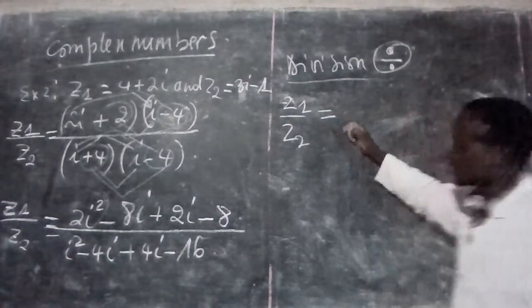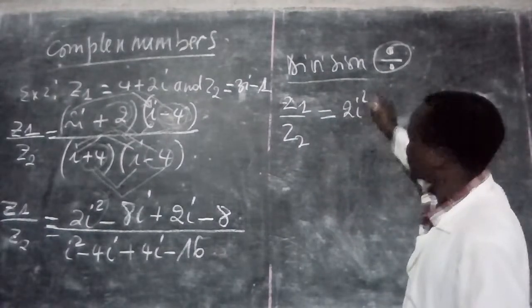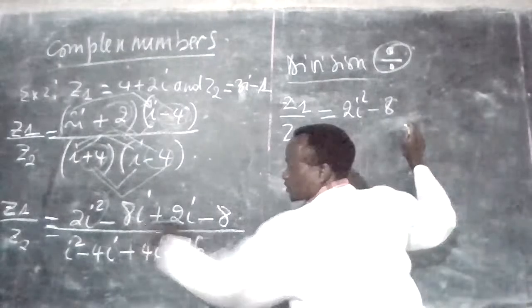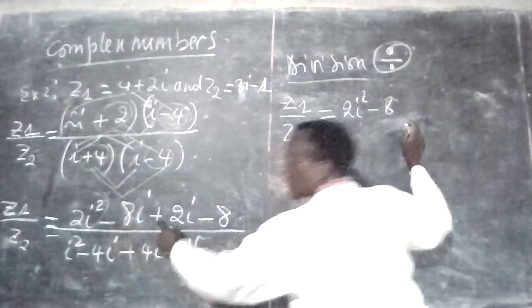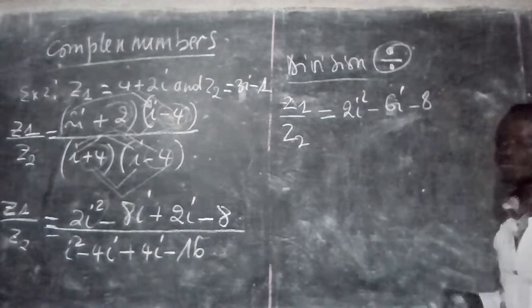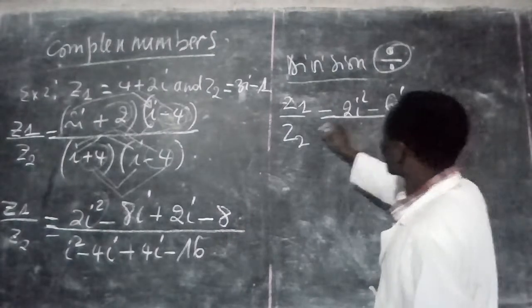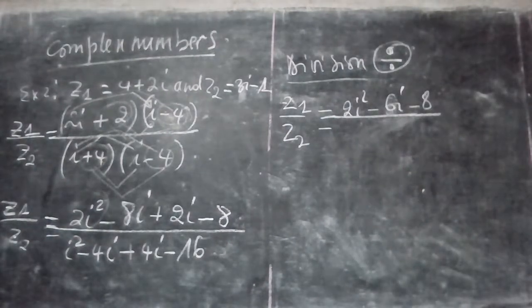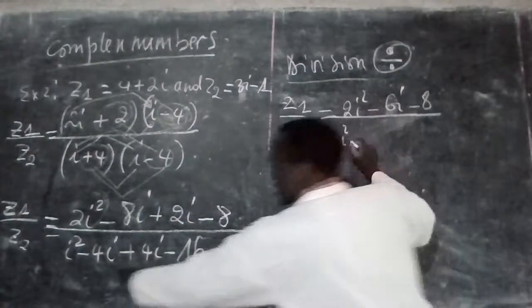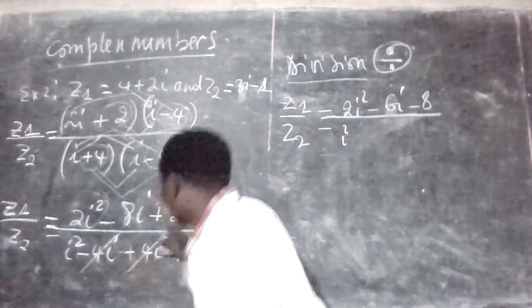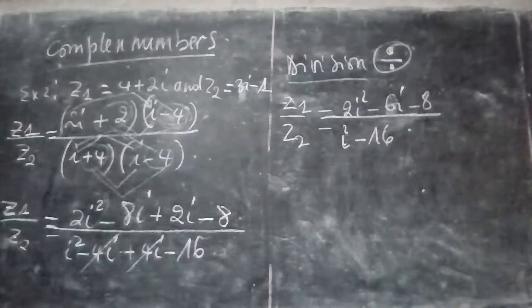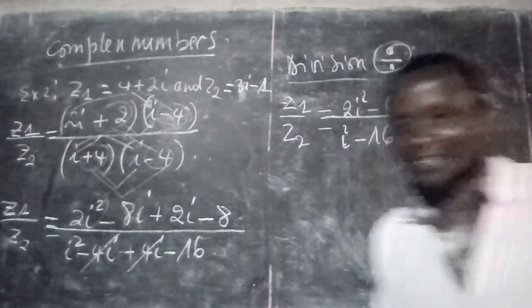It will be, we have 2I squared minus 6I minus 8 over I squared minus 16. Here we have, this is 0 minus 16. Yes? What are we going to do for the next?